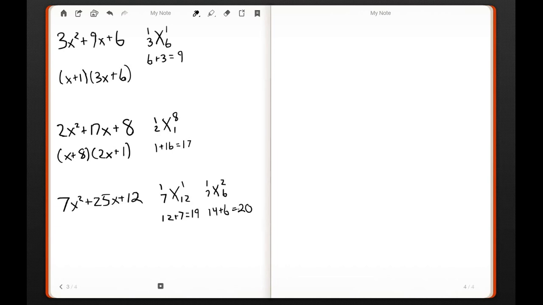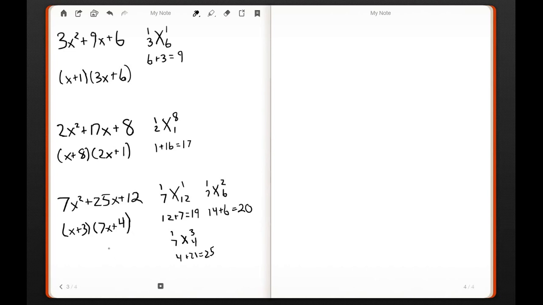That'll be 20. Still not high enough. So now we'll try it with 3 and 4. This will be 4 plus 21, which is 25. There we go. Now we got the 25x. So this is the correct factorization, and this will be x plus 3 times 7x plus 4.